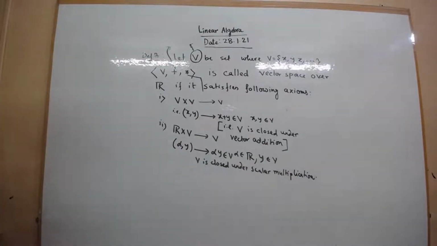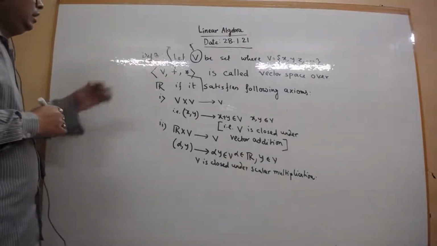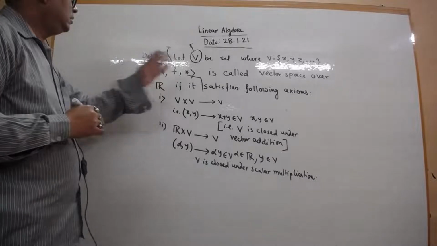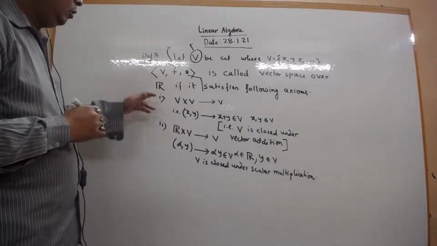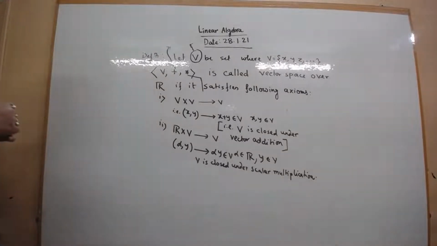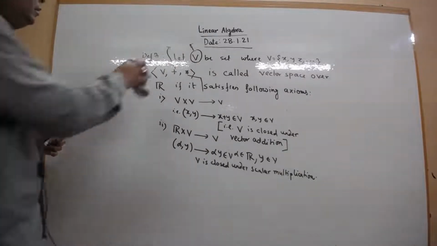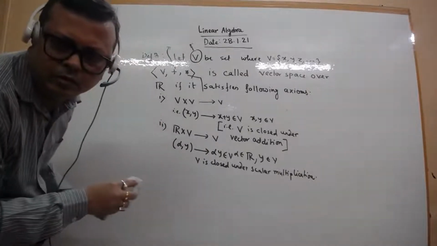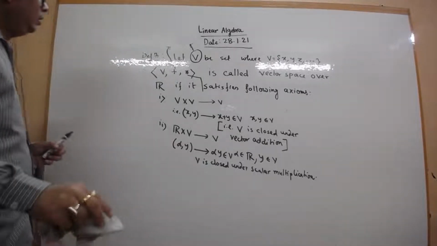So V, plus, star is called a vector space if it satisfies: first, closed under vector addition; second, closed under scalar multiplication. Next, third.